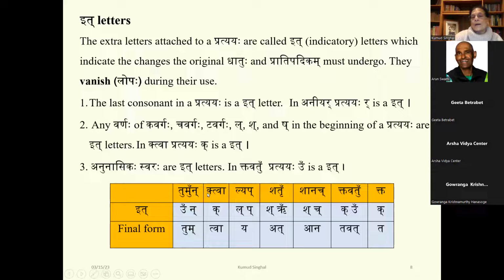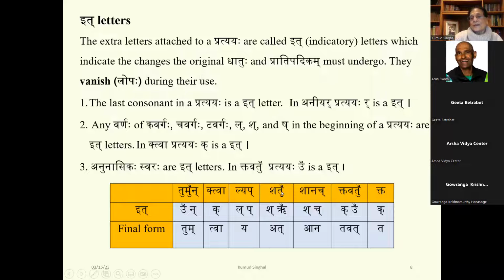In ktva, ka is an it letter, so the final form that remains will be tva. Lyap: la is an it letter because it is in the beginning. The ending halanta consonant is an it letter, so only ya remains.